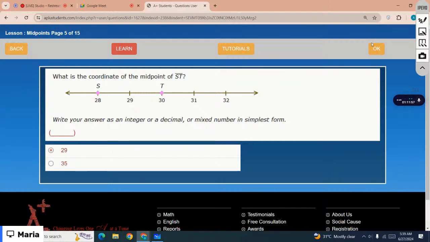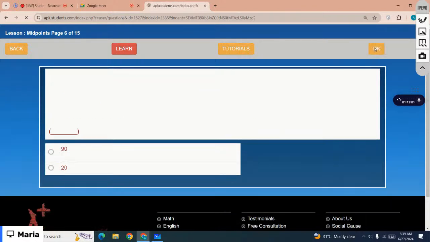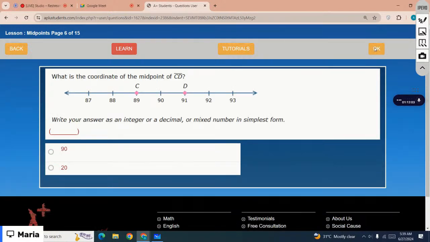The correct option is 29. What is the coordinate of the midpoint of CD, which is the correct option?